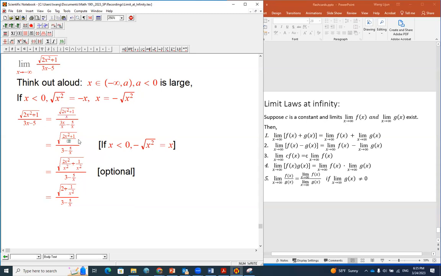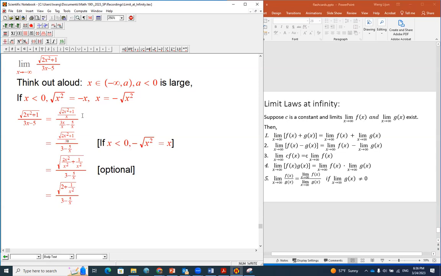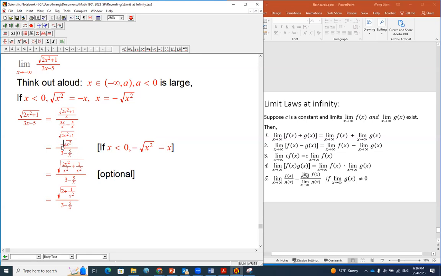Let me show you this way. We have an x here, and this x will be replaced by negative square root of x squared. So we have a negative sign. This negative sign is going to stay outside in the next step.